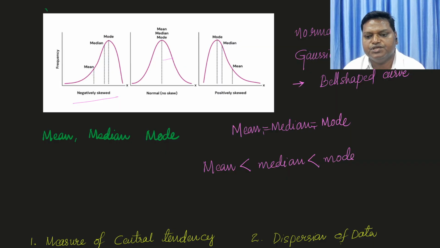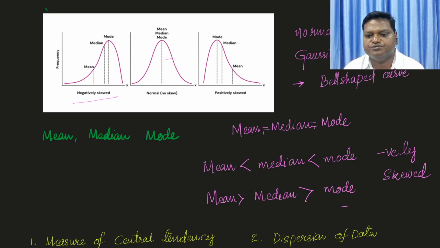This is negatively skewed. Skew means distortion. On the other side, we have positively skewed data, where mean is greater than the median, and in turn the median is greater than the mode. That type of data is known as positively skewed data.